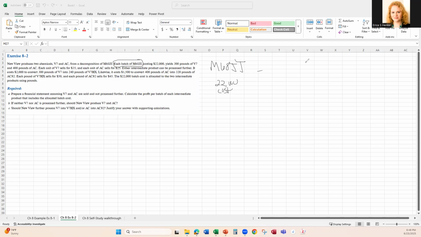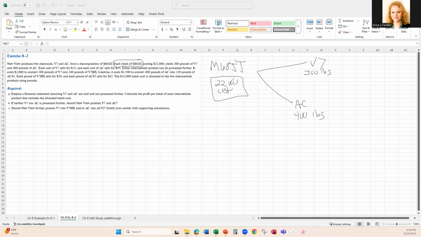And that splits off into V7 and AC. For V7, we get 300 pounds, and for AC, we get 400 pounds. So this right here ends up being a joint cost, right?